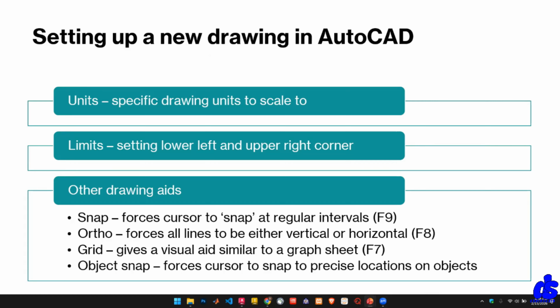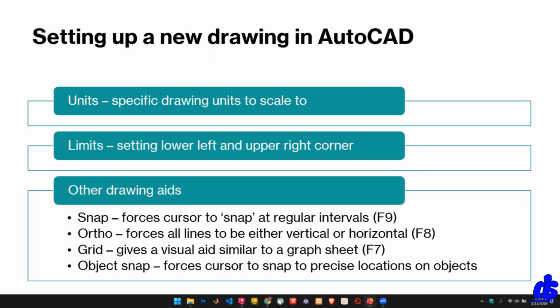In addition to that, you have other drawing aids such as the grid, which turns the background grid off or on. We have the snap that restricts the cursor movement to regular intervals. The shortcut key for it is F9.